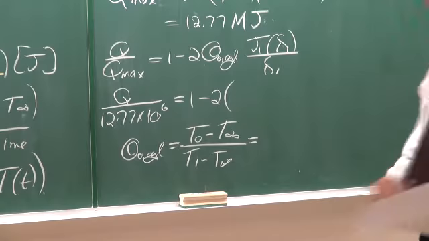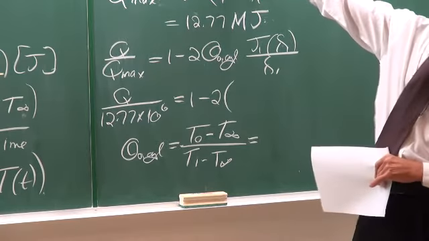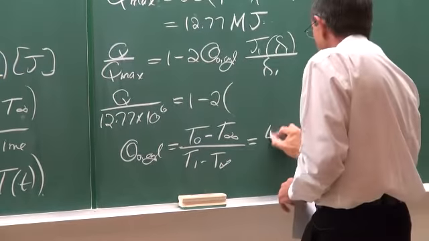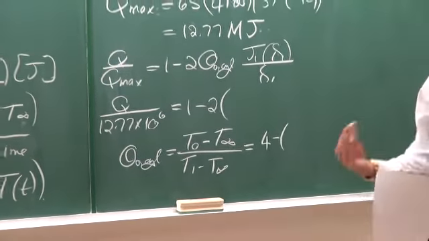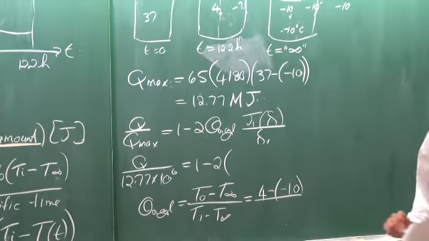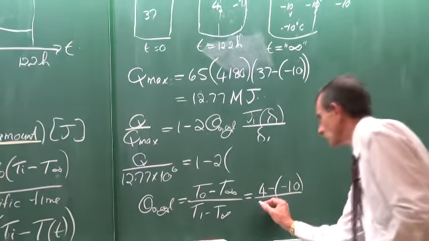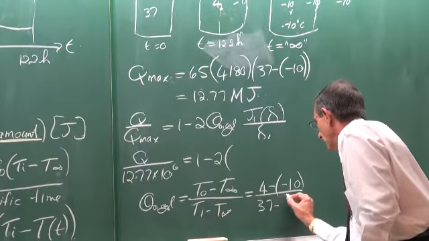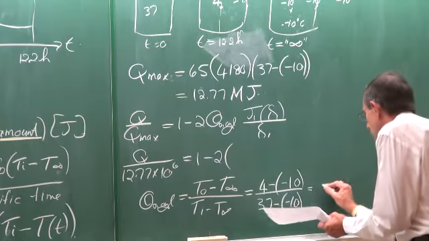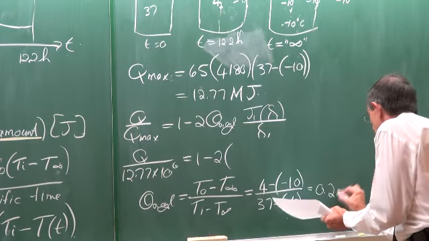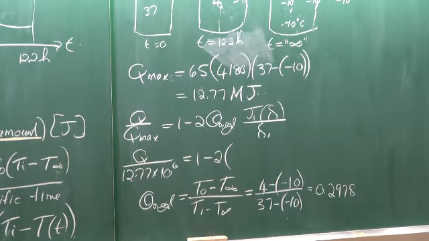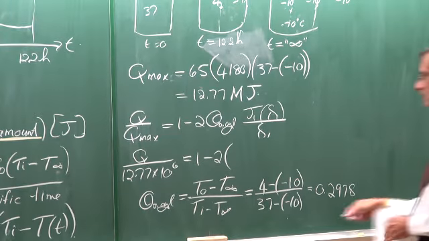The temperature at the center, T0, is 4, minus the temperature on the outside, which is minus 10, divided by the initial temperature, which is 37, minus 10 again. And that is equal to 0.2978. Okay. So that is where that comes from.